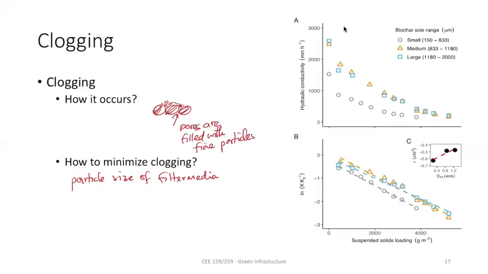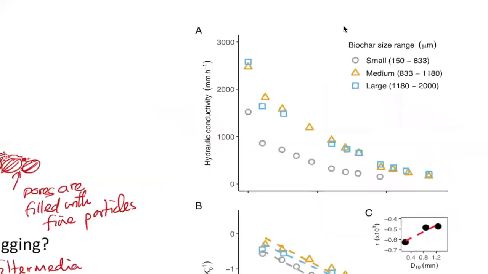The bottom axis is the amount of sediment received, in grams per square meter of biofilter area.